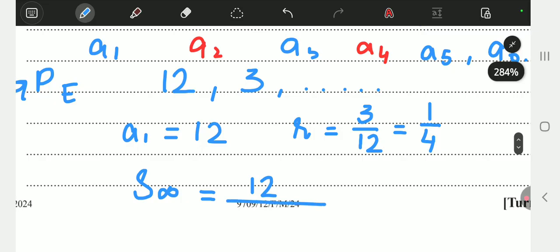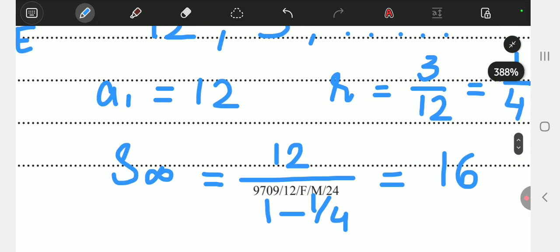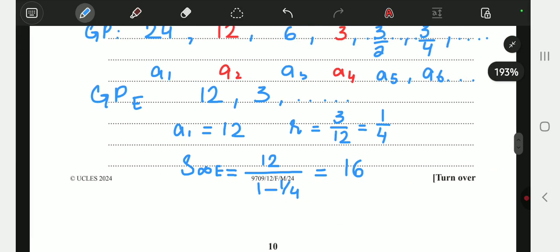So sum to infinity will be 12 over 1 minus 1 over 4. So 12 over 1 minus 1 over 4 would be 3 over 4, and 4 over 3. So 12 times 4 over 3 will be 16. So after calculating, sum to infinity for even would be this.